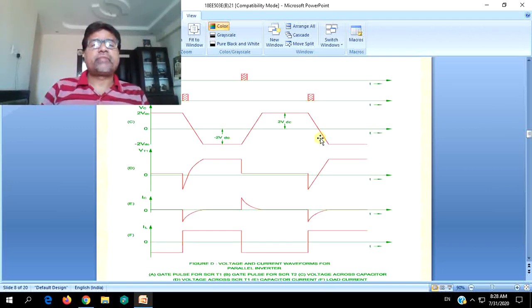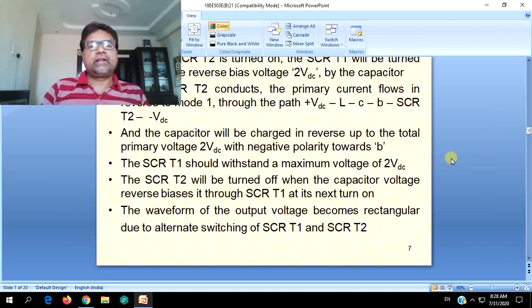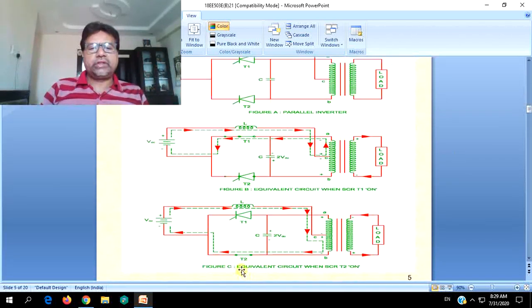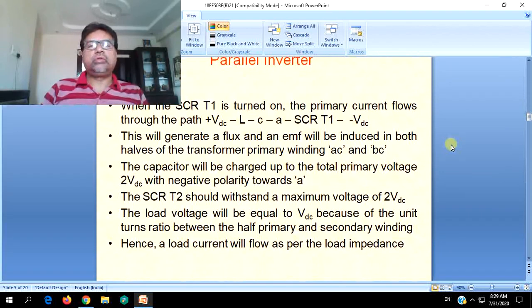or rectangular. So consider that at a given instant, first T2 is turned on or conducting. When SCR T2 is turned on, the capacitor was already charged like this, 2 VDC with the upper plate as negative, which corresponds to the first interval or positive load voltage cycle.